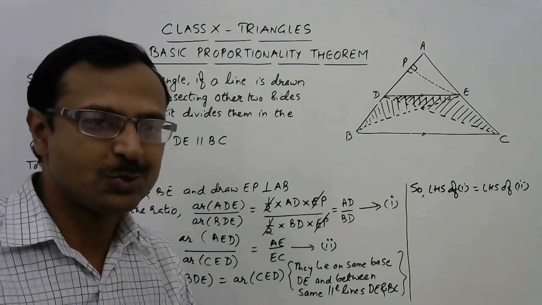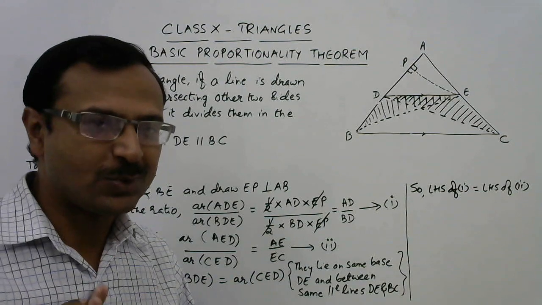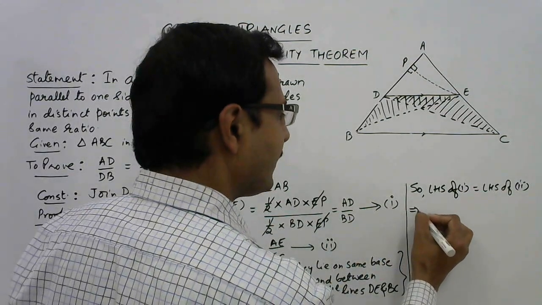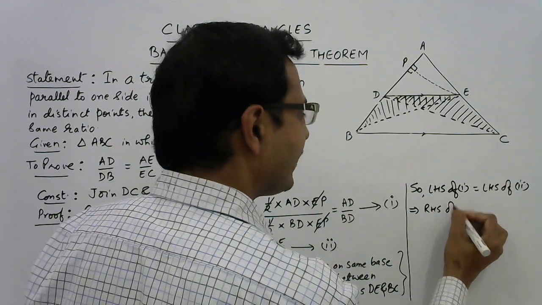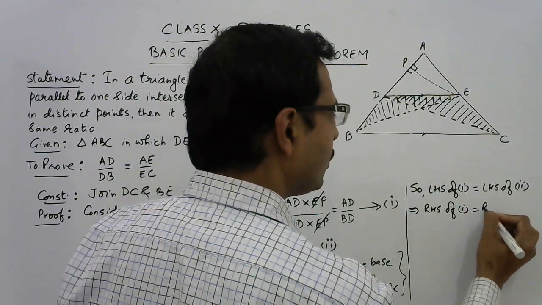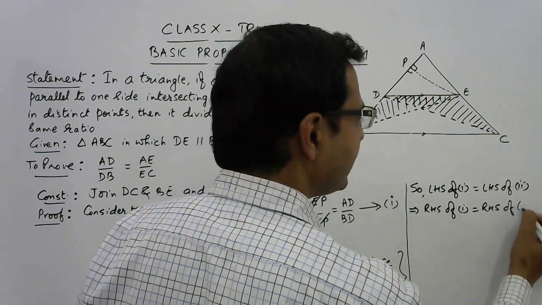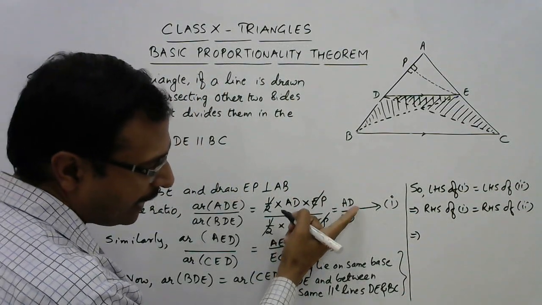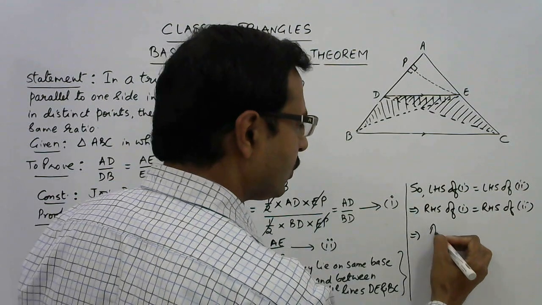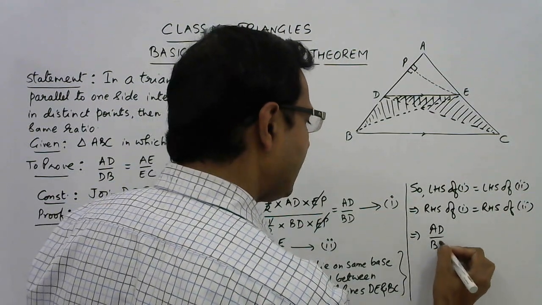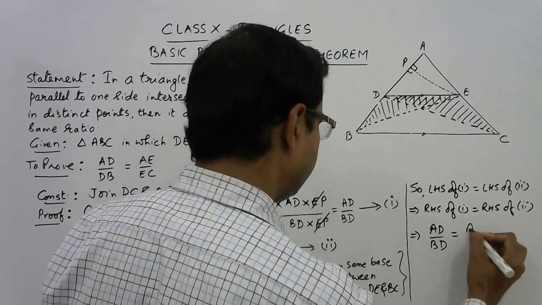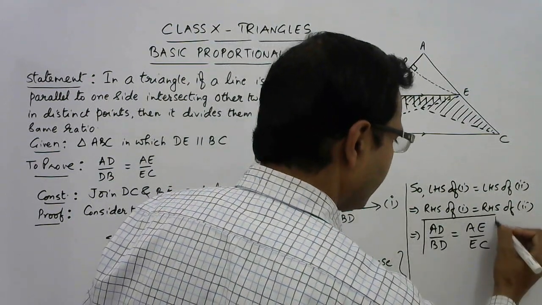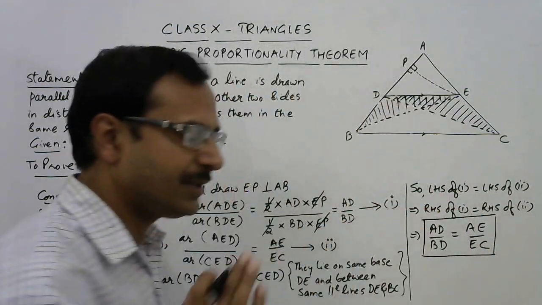Because we wanted to prove that the RHS of the two equations are also equal. So that implies the RHS of first equation will be equal to the RHS of second equation, thereby giving us the desired result, AD upon BD equal to AE upon EC. And this proves our basic proportionality theorem.